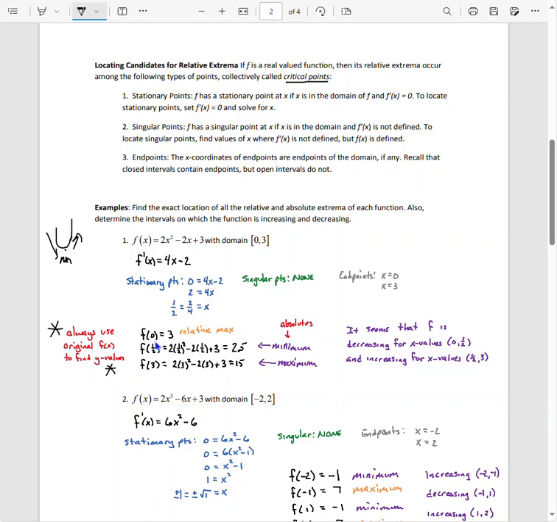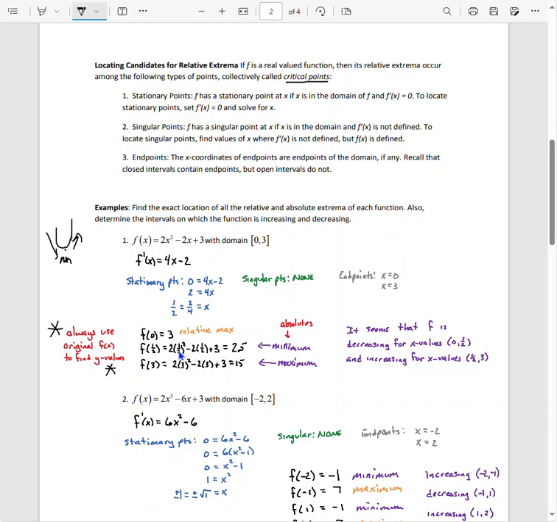Okay, so I use an endpoint, x equals 0. F of 0 is 3. I use my 1/2, right? F of 1/2, I put 1/2 in everywhere I see an x. I'll have 1/2 squared is 1/4. 2 times a quarter is 1/2. Here I have 2 times a half, which is 1.